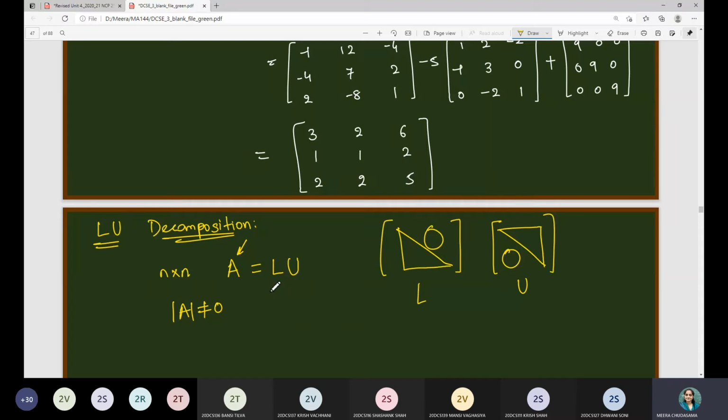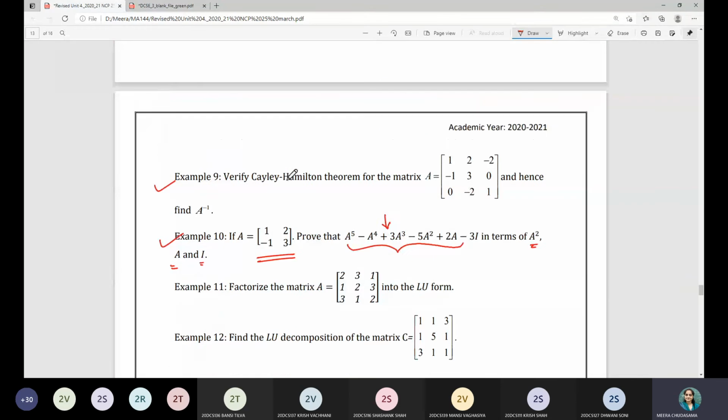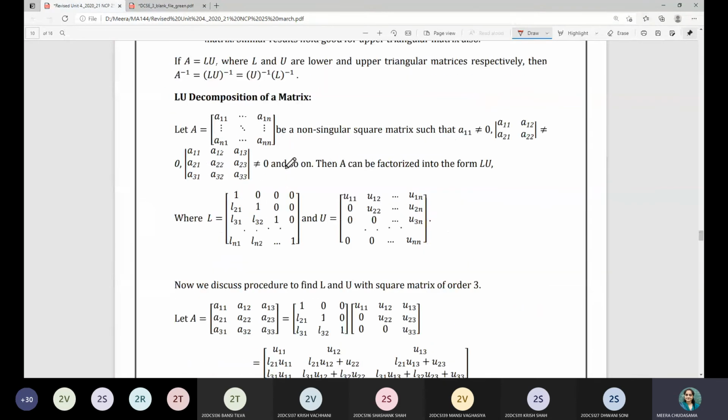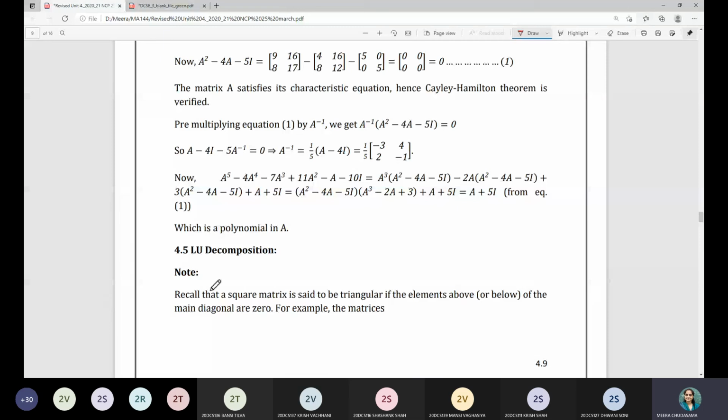But before moving ahead, I need to recall certain things as well as certain statements of the theorem. So let us see to it, and then we will go for the method. So here we have LU decomposition. Recall that a square matrix is said to be triangular if the elements above or below the main diagonal are 0.